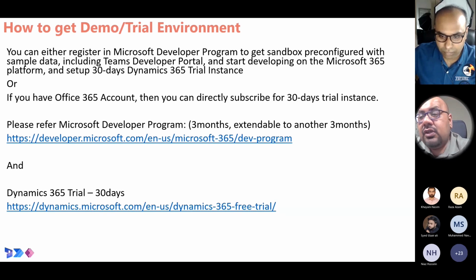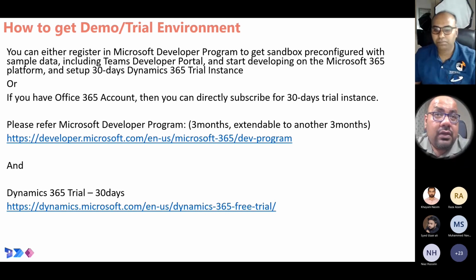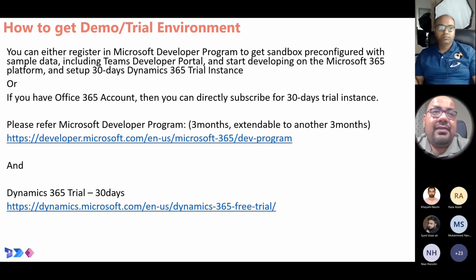You can get a 3-month subscription free of cost. You can explore the complete Azure Power Platform as well as SharePoint development, and do it on top of it. It's auto-extendable for the next 3 months, so overall you will get 180 days there.